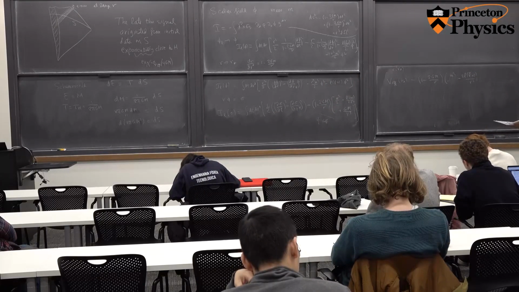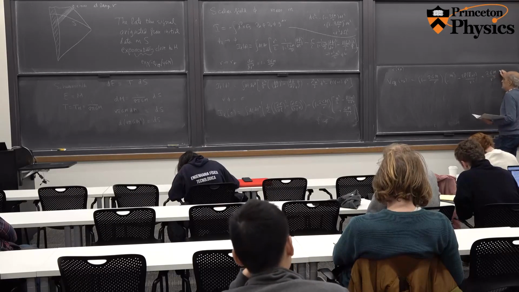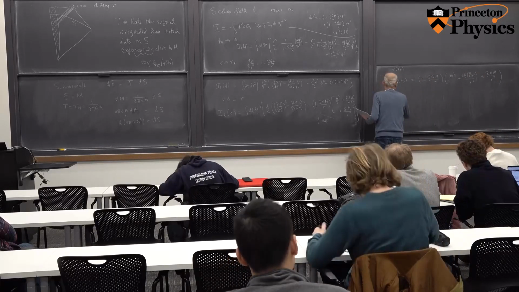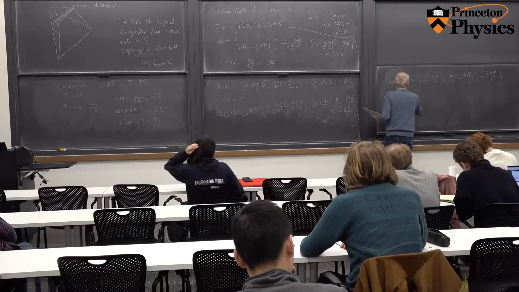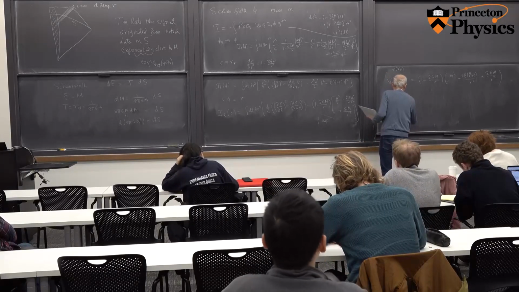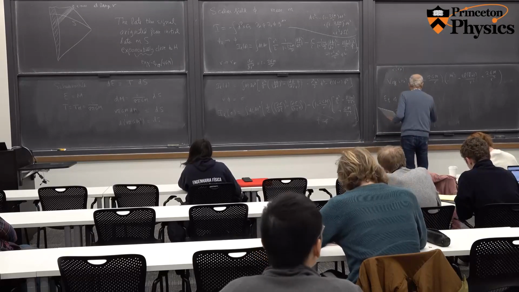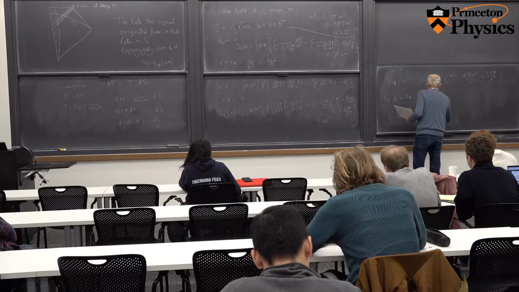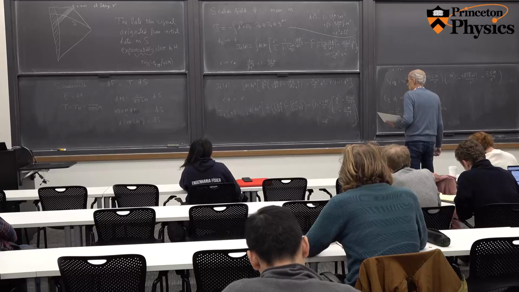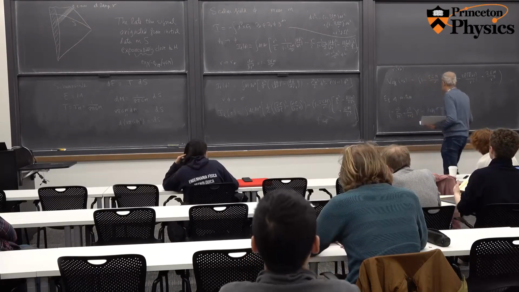So multiplying by 2, in other words, the equation of motion is that the Laplacian plus V effective times sigma is 0. I think with a minus sign.